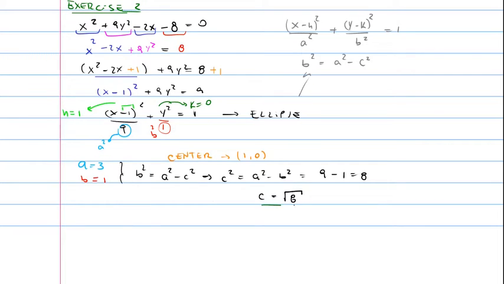And once we have c, we can talk about the foci. The first one would be at h minus c, k, and the second one at h plus c, k. And the reason for this, well, to visualize this easier, we can make a sketch.